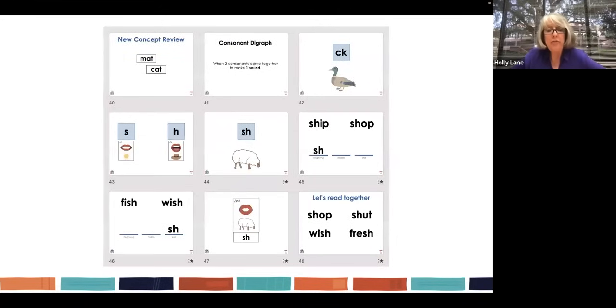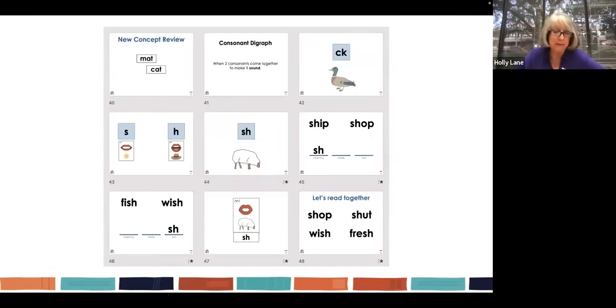So to do this, you have parts of what you included in your new concept introduction. So you're explaining what the concept is. You're always focused with a new grapheme. You're sharing with your students where in a word that particular grapheme can appear.